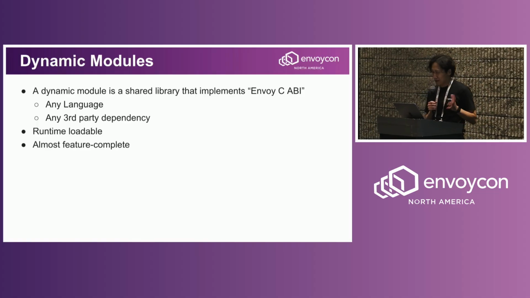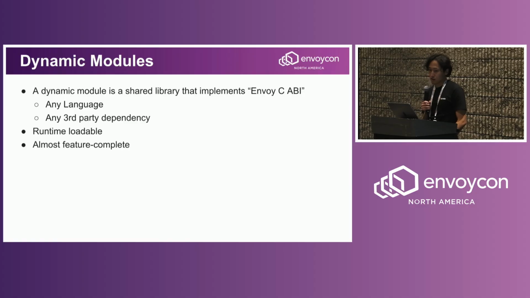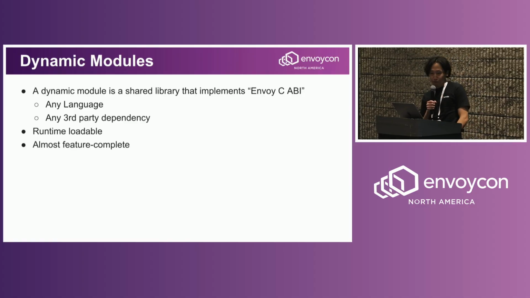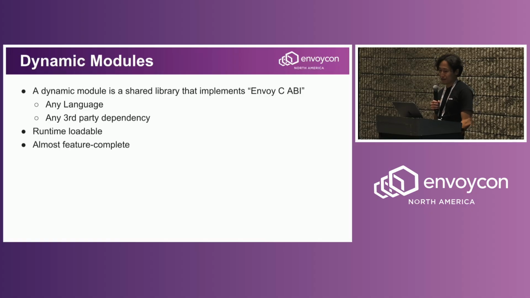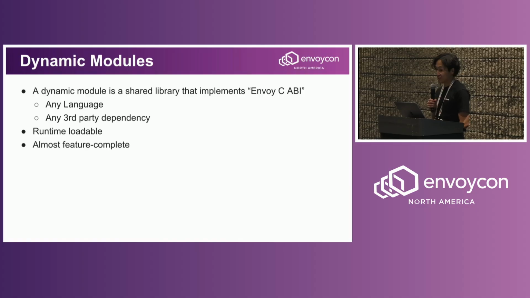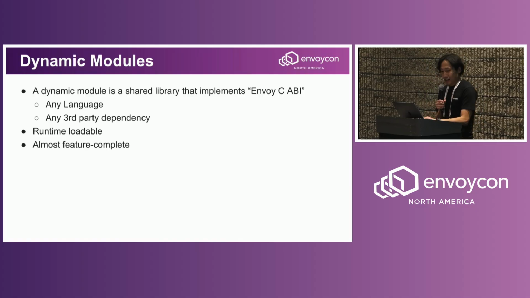Maybe there are some exceptions, but I think for most use cases you can use dynamic modules, especially in HTTP filters. One of the crazy examples is that one of my friends developed a Python WSGI implementation in dynamic modules, and it's working very well. So that shows how powerful it is.